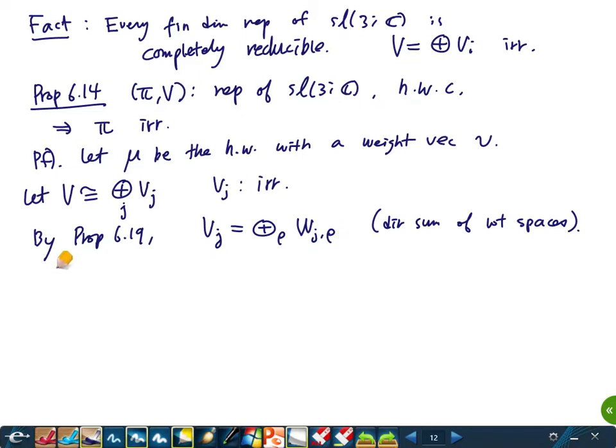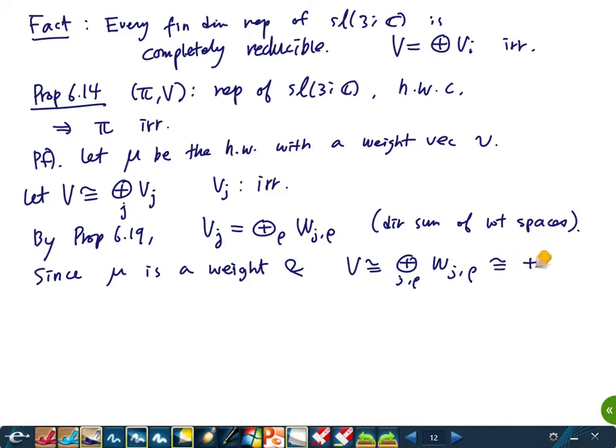And since mu is a weight, and as a vector space, V is what? A sum of the V_j, and each is a sum of weight spaces like this. So V is also a direct sum of weight spaces, right? If you combine them together.